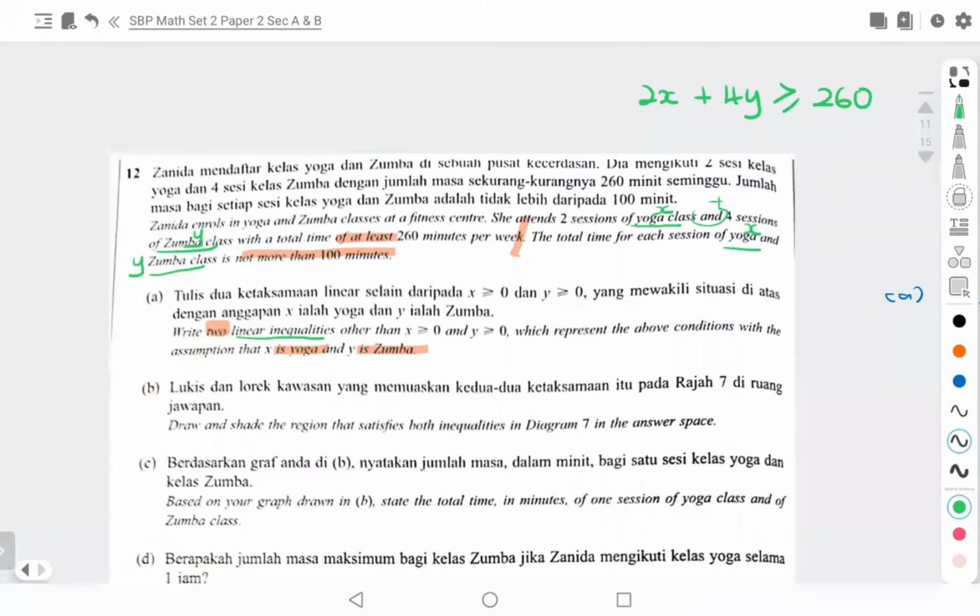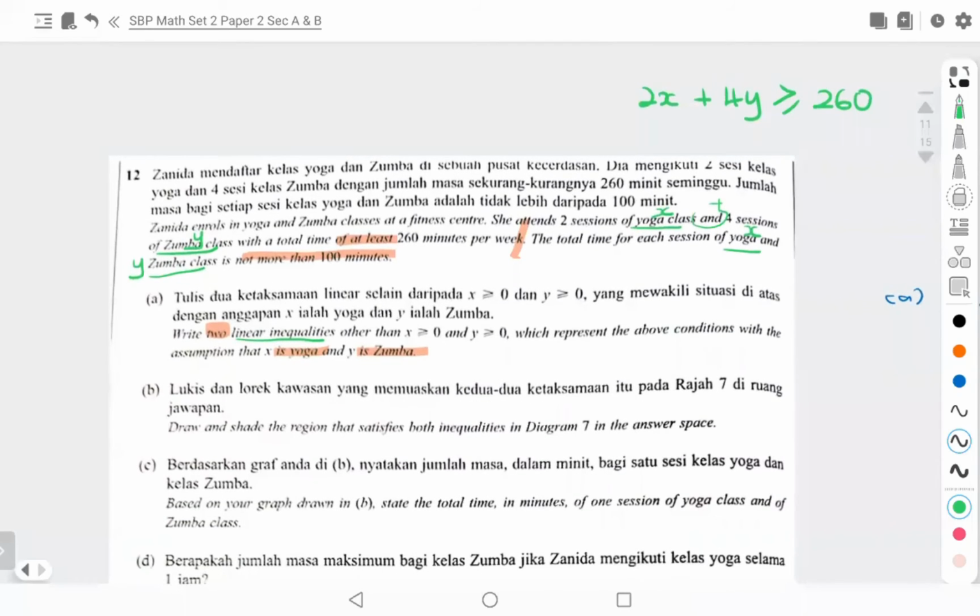Okay, so you got the first linear inequality. Second sentence: total time for each session of yoga, x, and y, so x plus y is not more than 100 minutes.